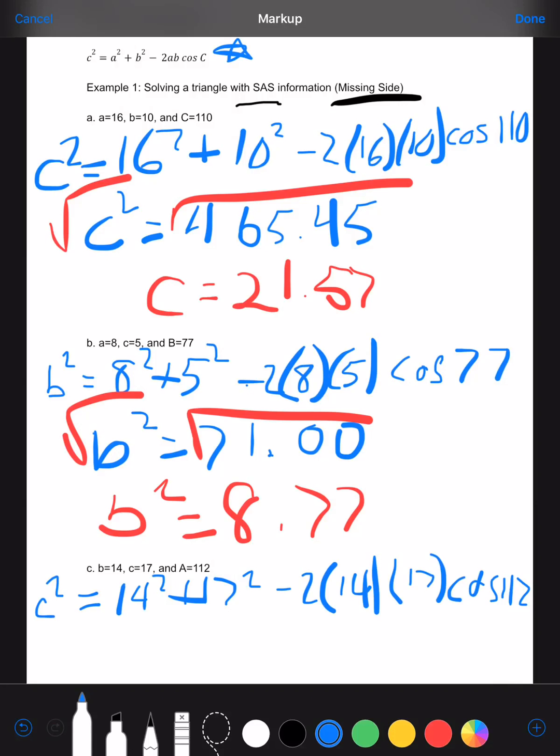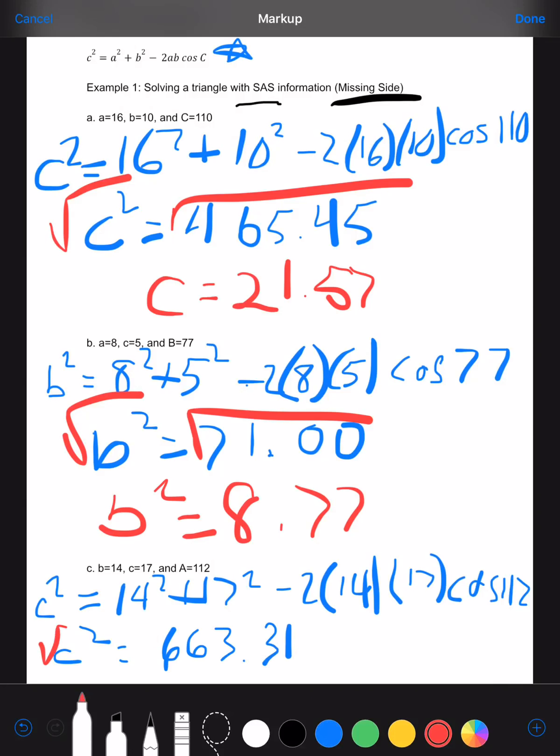And then we're going to get our number and then we're going to square root it. But I typed in my calculator wrong, so hold on a second so I can fix it. Okay, so we're going to get c squared is equal to 663.31.